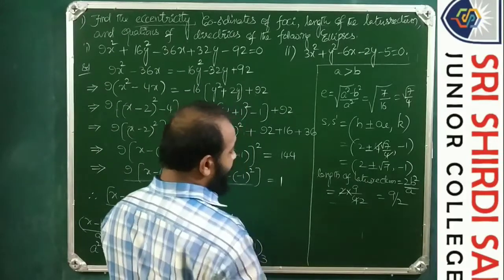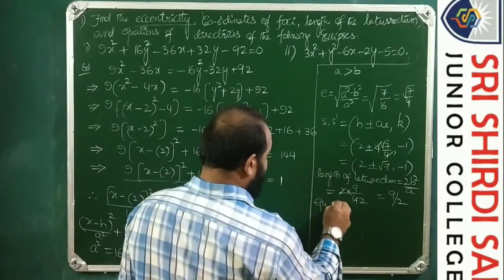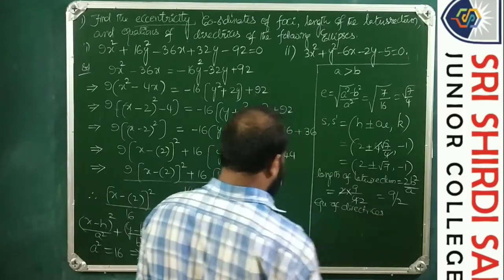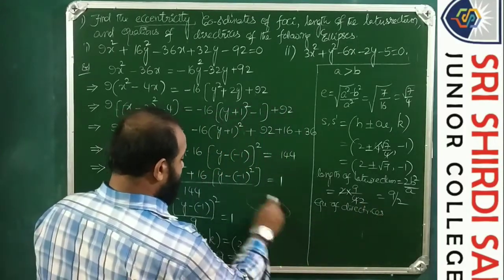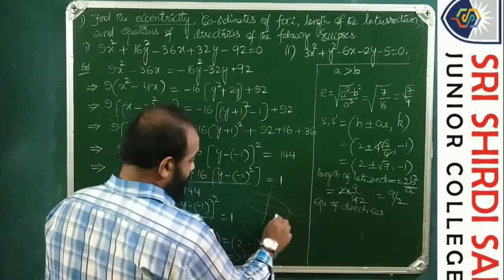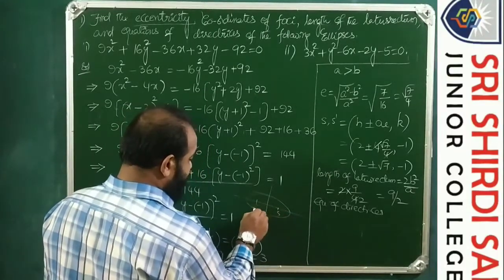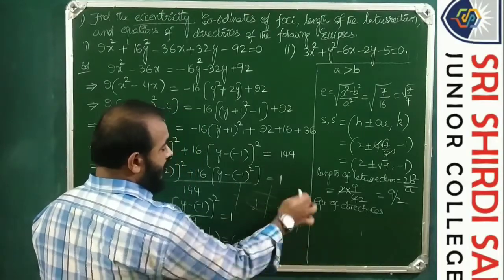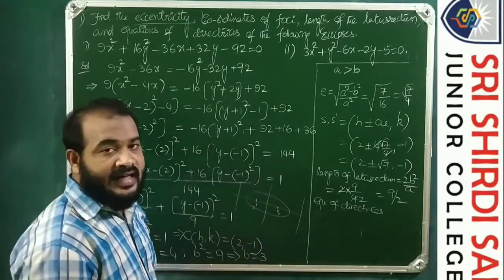Equation of the directrices. The directrices are nothing but, this is our ellipse, and this is S dash, and these two lines are nothing but the directrices.